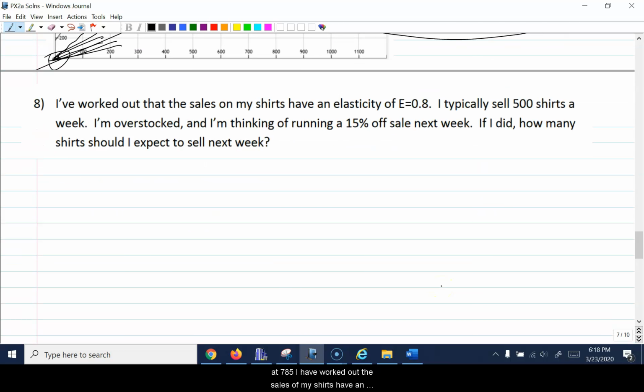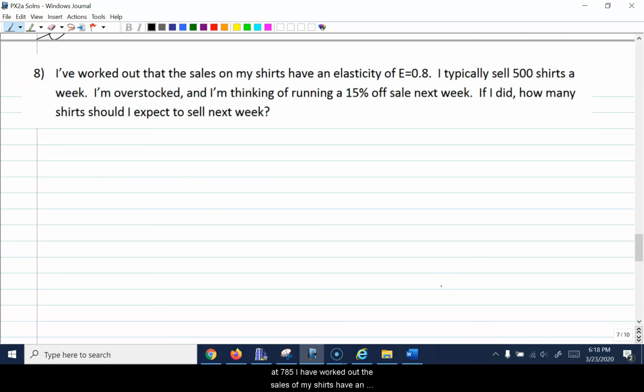I've worked out that the sales of my shirts have an elasticity of 0.8. If I usually sell 500 shirts a week, I'm overstocked and I'm thinking of running a 15% off sale next week. If I did, how many shirts would I sell? This is about discrete elasticity. Elasticity is negative the percent change in quantity divided by the percent change in price.